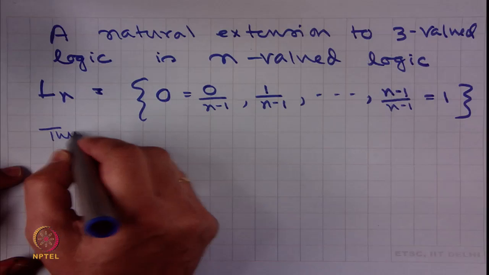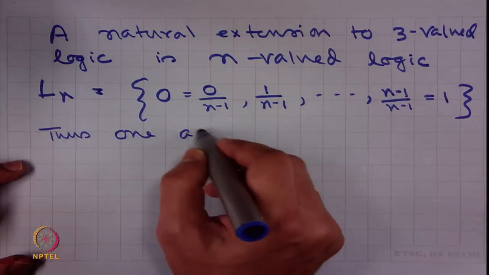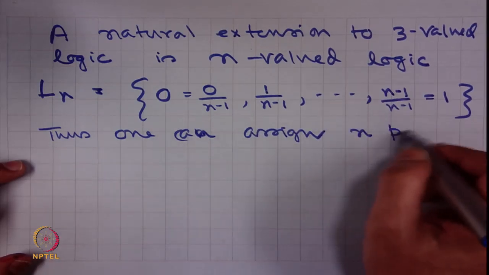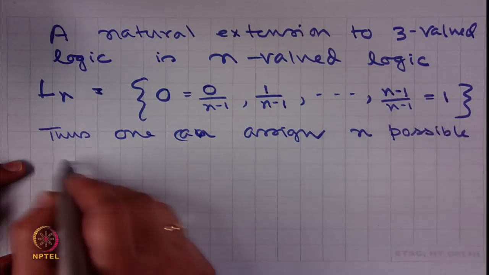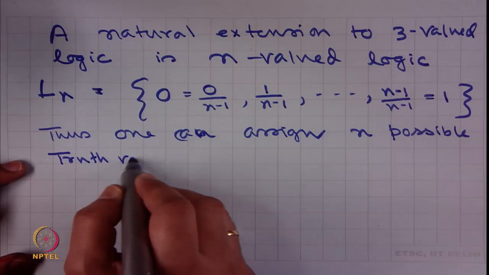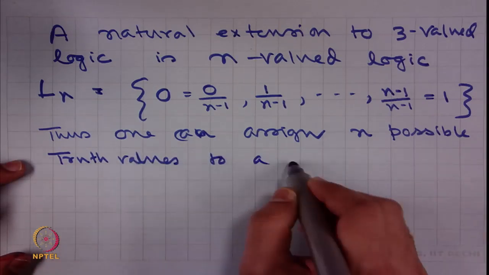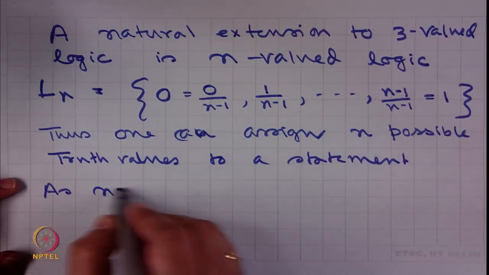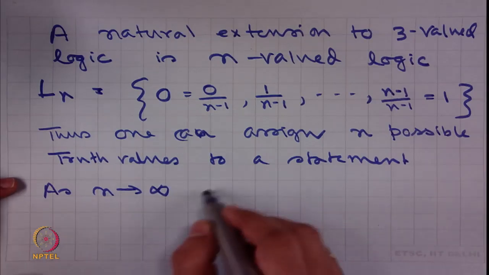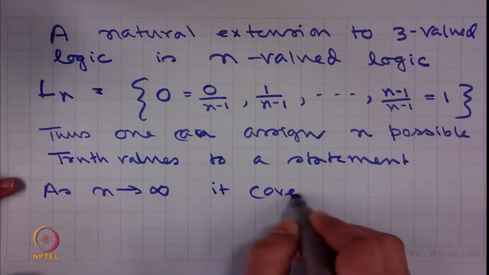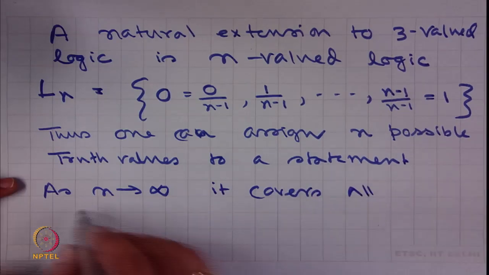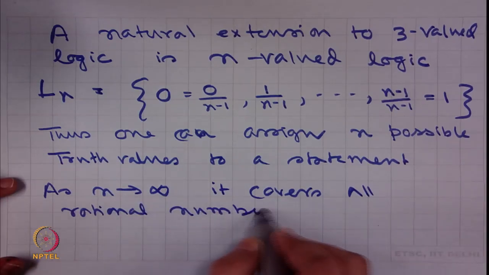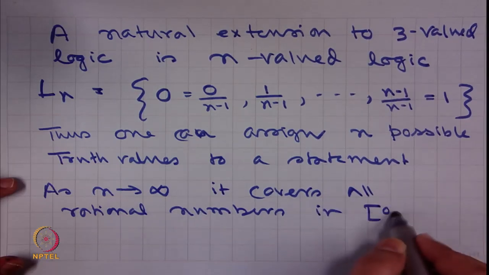Thus, one can assign n possible truth values to a statement. As n goes to infinity, it covers all rational numbers in 0 to 1.